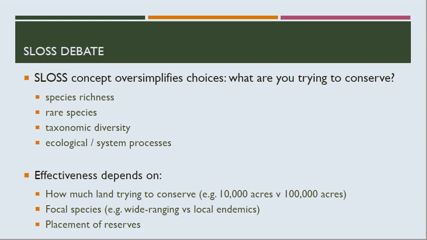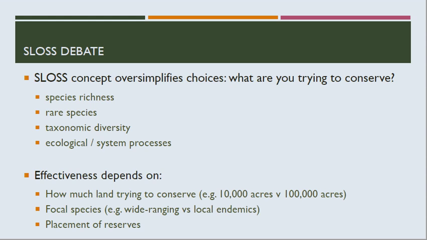But if you are trying to conserve rare species and species which are in great danger of going extinct, as you've assessed with your conservation triage, then several small reserves are probably important just as much, if not more so, than a single large one.